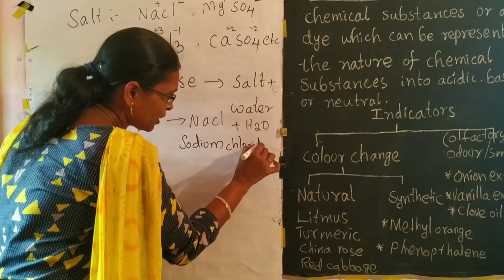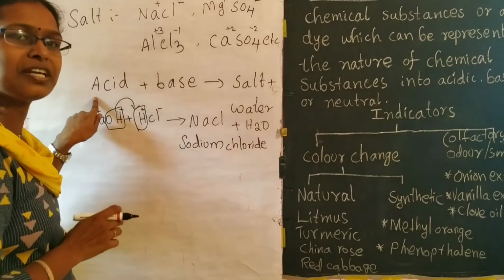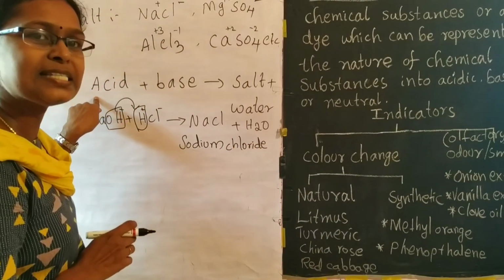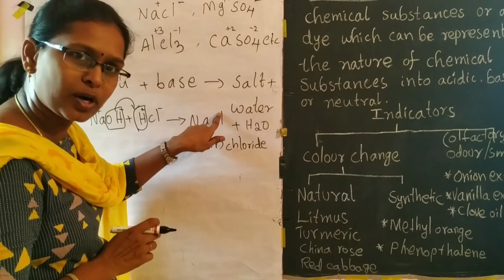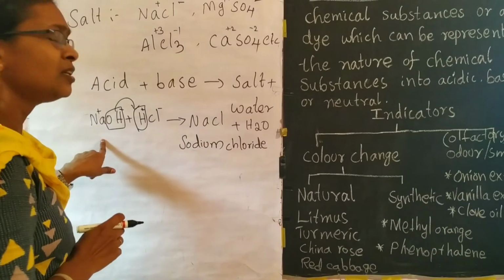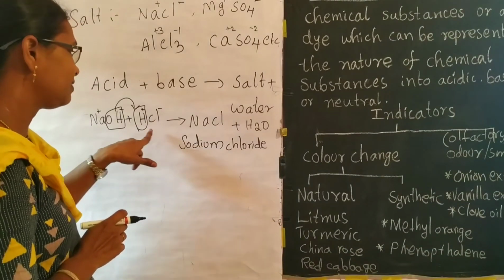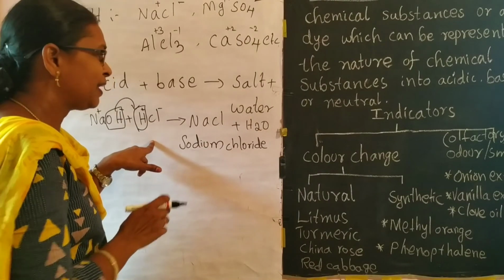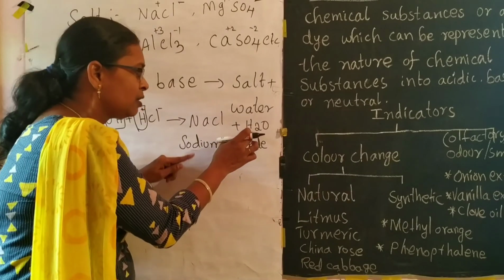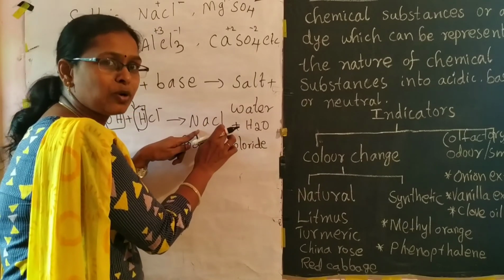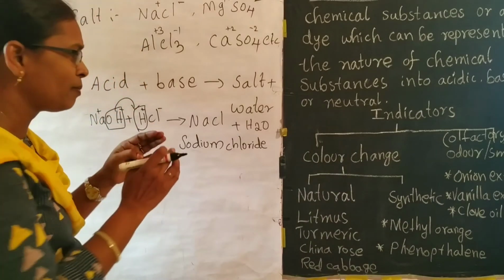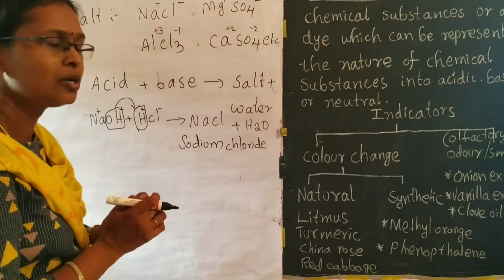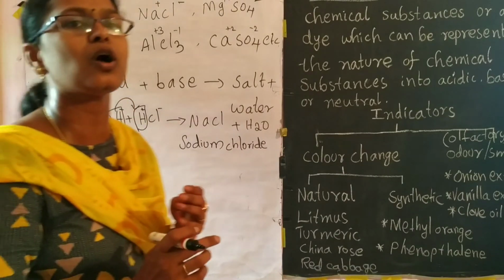Sodium chloride. So the basic definition we can give is: acid reacts with base, giving salt and water as products. Sodium hydroxide reacts with hydrochloric acid, and by removal of one water molecule, it forms sodium chloride, which we call common table salt. Not only sodium chloride, all salts.